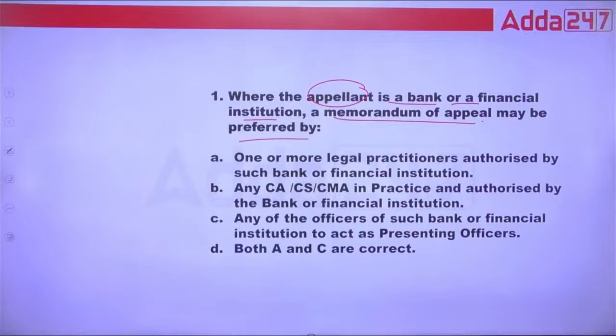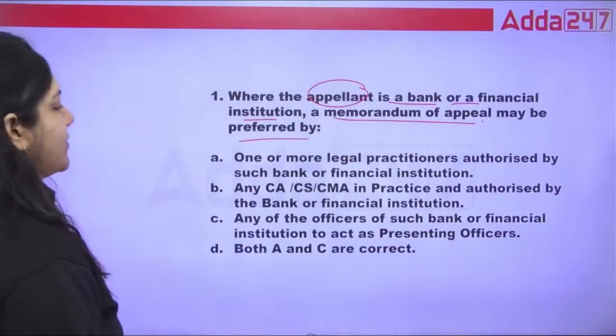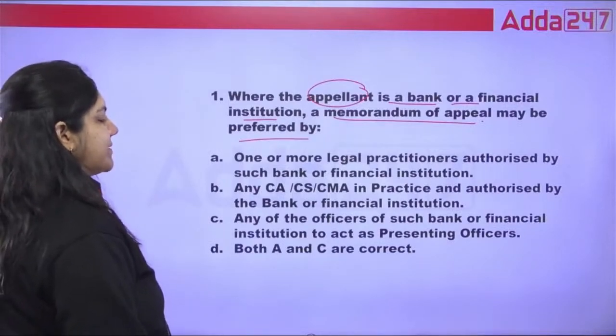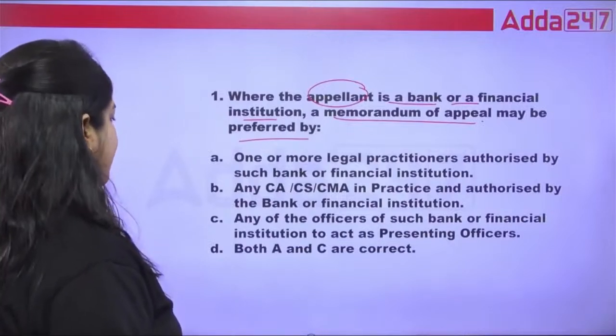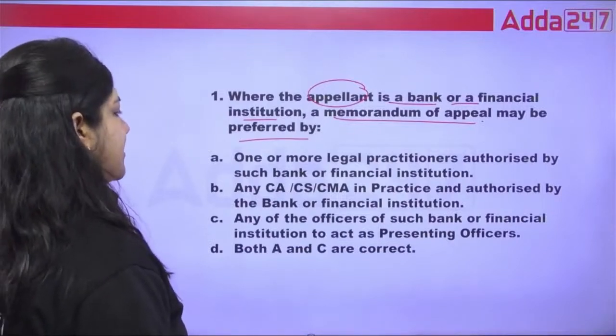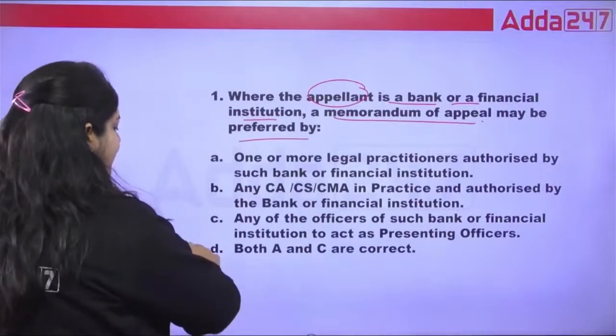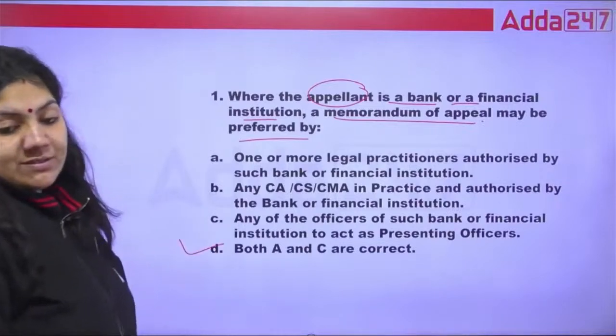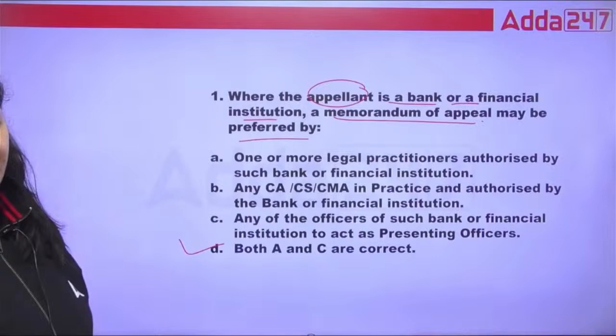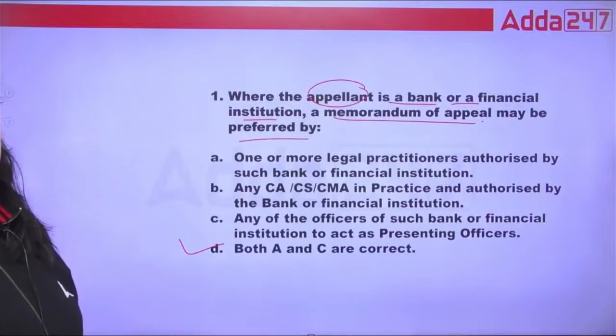Basically, A is one or more legal practitioners authorized by such bank or financial institution, and C is any officer of such bank or institution to act as a presiding officer. D is the right answer for this question.